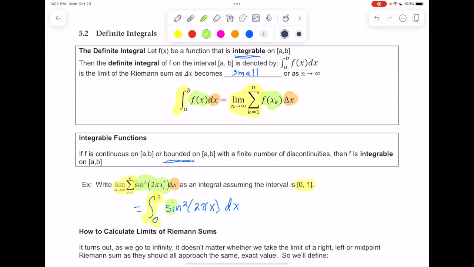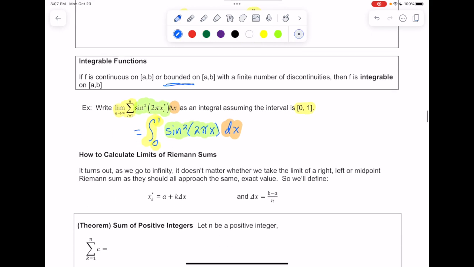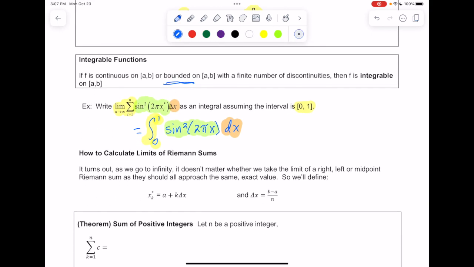The function inside comes from the function that was inside of the sum, and we replace the delta x by a dx. So that's just practice with the notation. We still need to learn how to compute these things, but getting familiar with how the sum is connected to the integral is important, especially for the applications we do later on in Chapter 6. All right, so let's go ahead and continue on here and start learning how to calculate limits of Riemann sums.